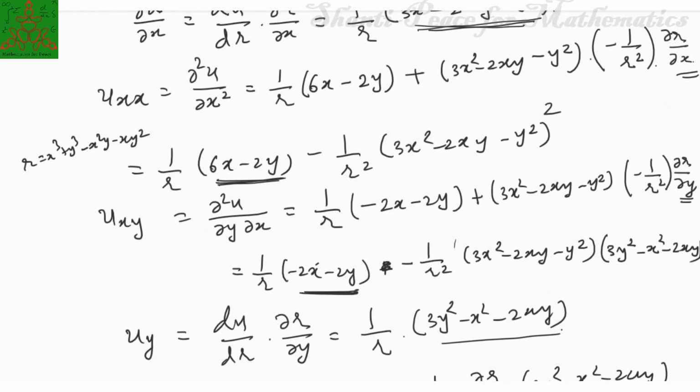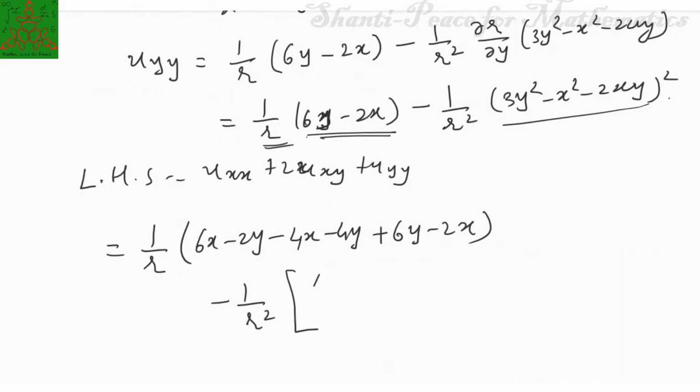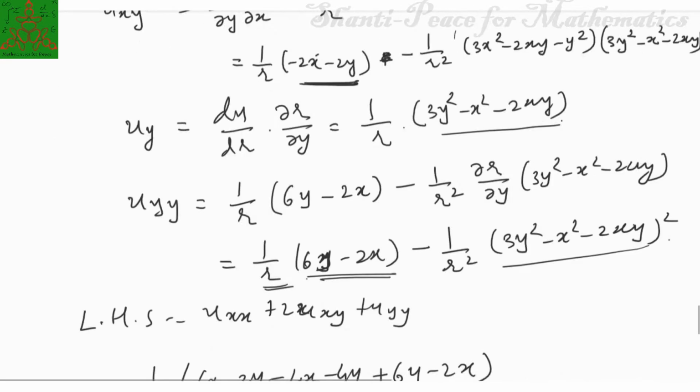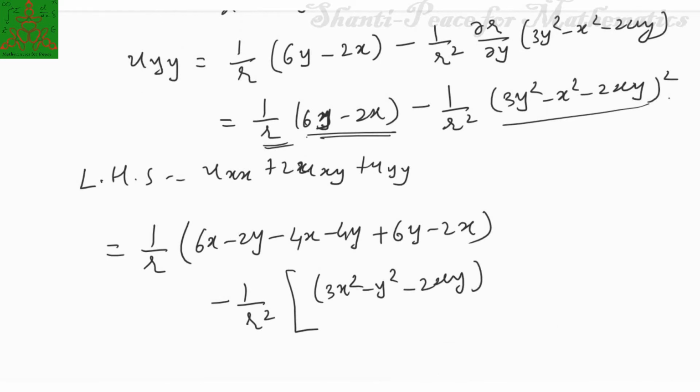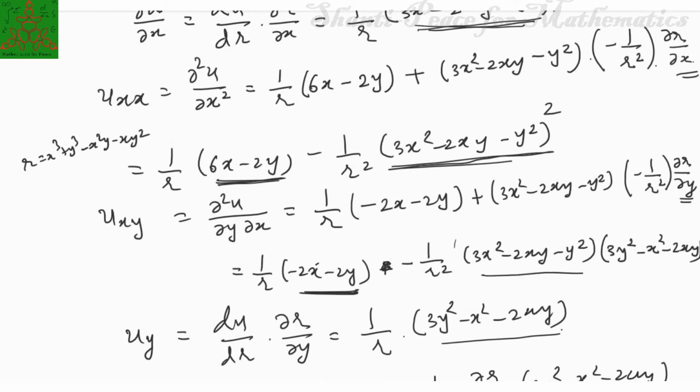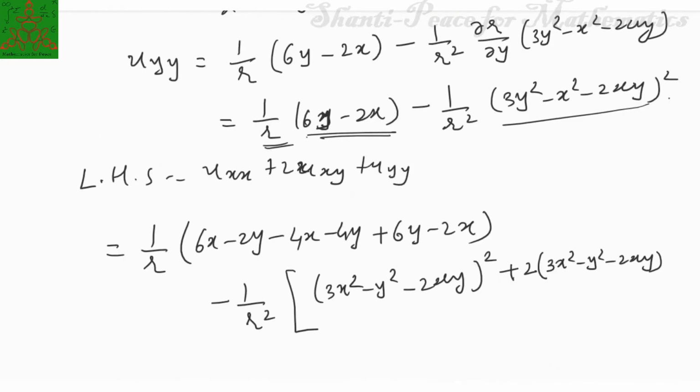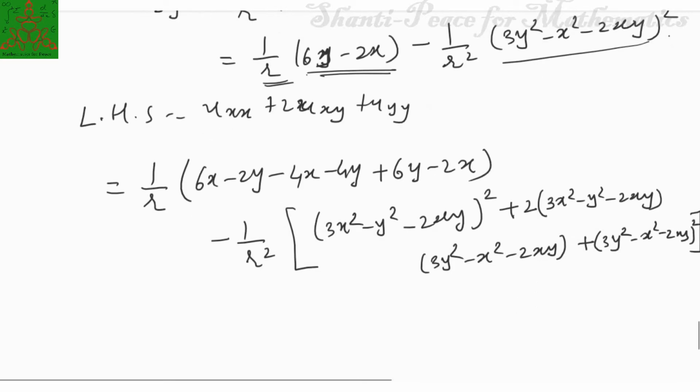Here we have this quantity in terms of uxx, so it is 3x square minus y square minus 2xy whole square, plus 2 times 3x square minus y square minus 2xy, because this quantity should multiply with 2, into 3y square minus x square minus 2xy, whole square, plus 3y square minus x square minus 2xy whole square is over, and you just simplify this.